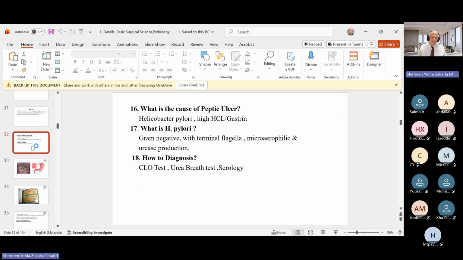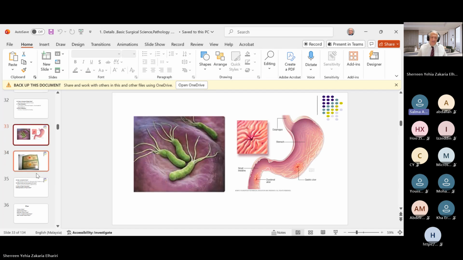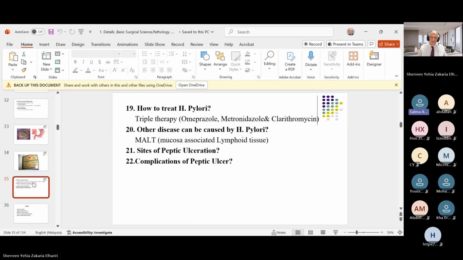Okay. So how to treat it? By giving a full dose of proton pump inhibitor plus 1 gram of amoxicillin plus metronidazole for 7 days, and clarithromycin. All right. So, what other disease can be caused by H. pylori?